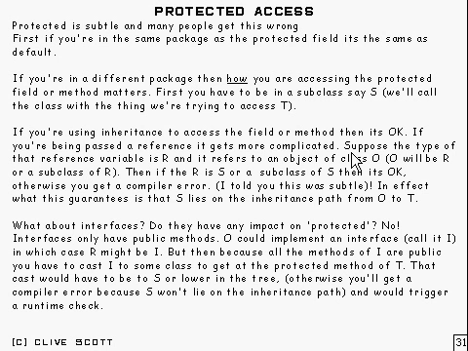Supposing you're passed a reference variable of type R, and it refers to an object of class O. So right, O is going to be R or a subclass of R. Then if R is S or a subclass of S, then it's okay. Otherwise you'll get a compiler error.